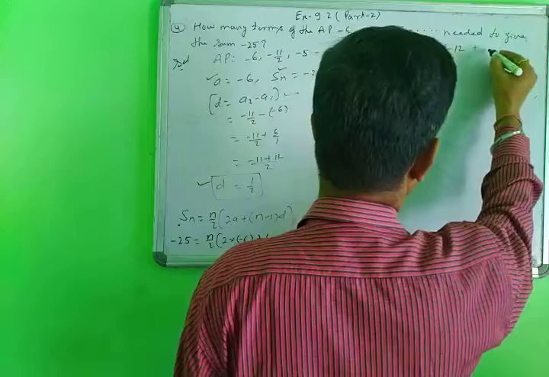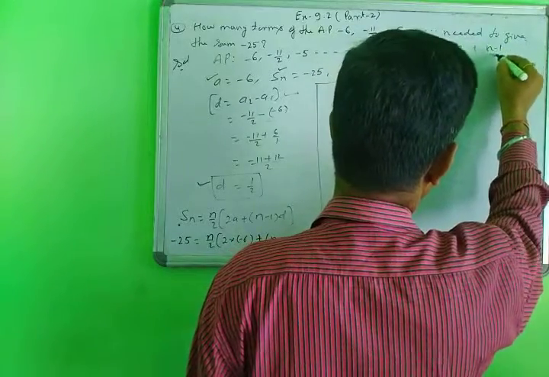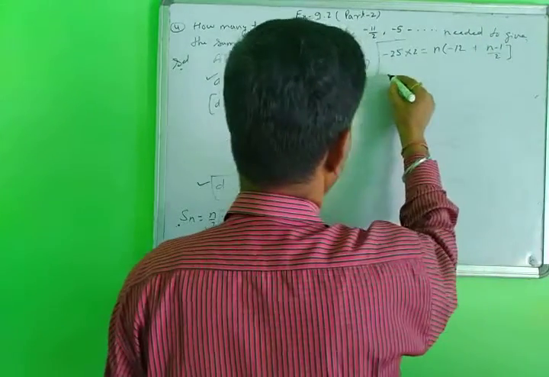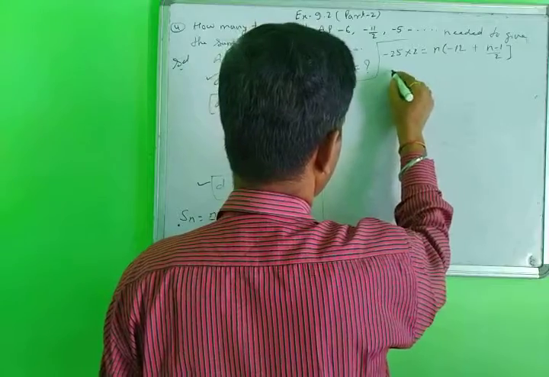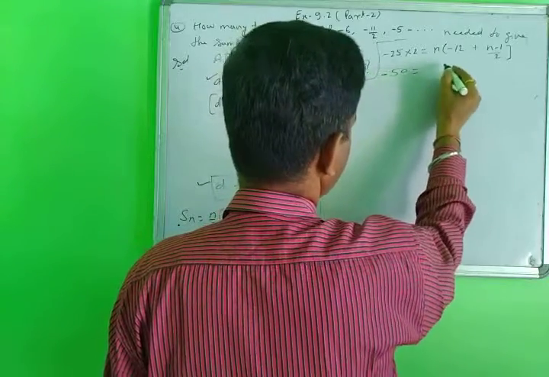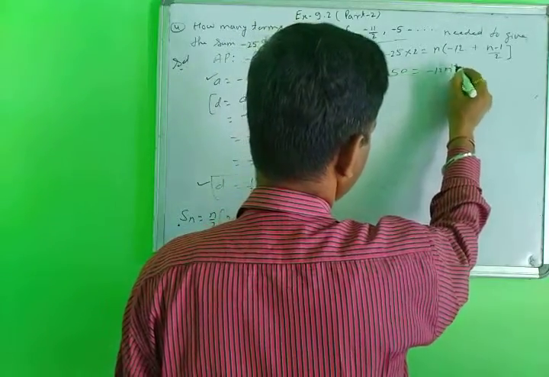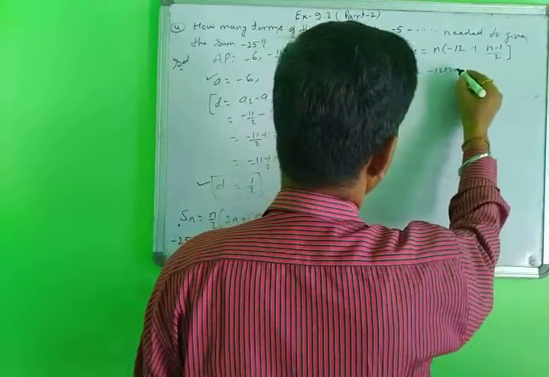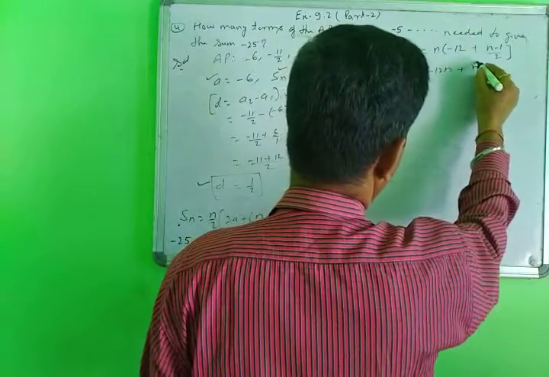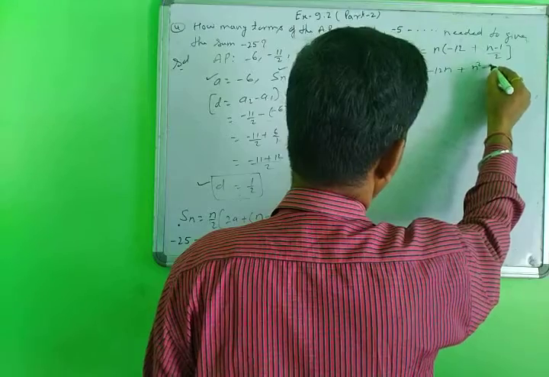Plus n minus 1 by 2, so minus 50 equal to minus 12n plus n square minus n by 2.